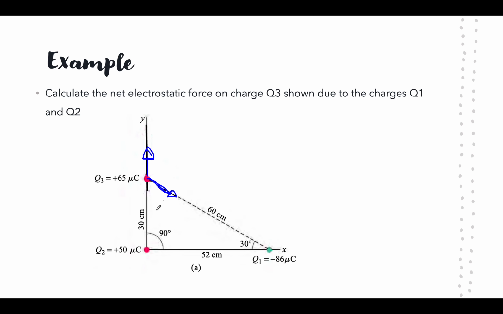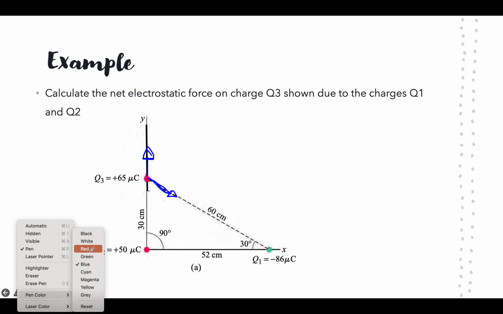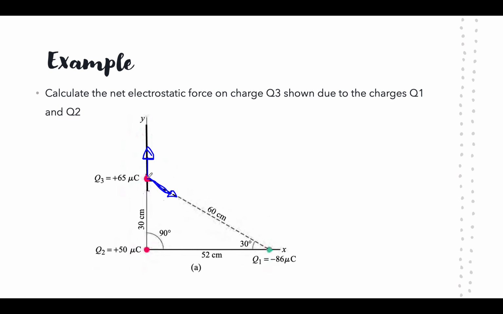Okay. Now we have to calculate the magnitude of this force and the magnitude of this force and add them together. But as we can see, the angles are different, right? So now we're going to have to work with components.